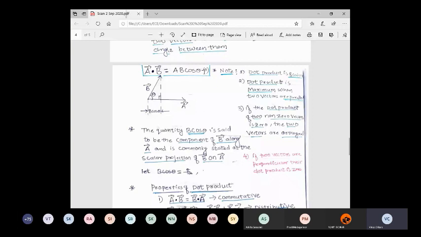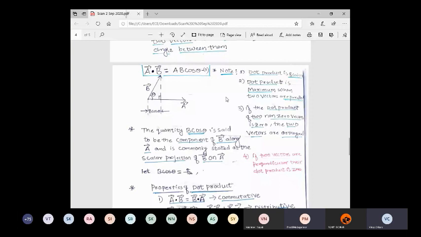Next we say that the dot product is maximum when two vectors are parallel. Why is it so? Yes, anyone? Yes, cos 0 is 1, sir.